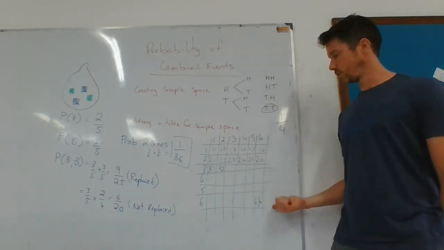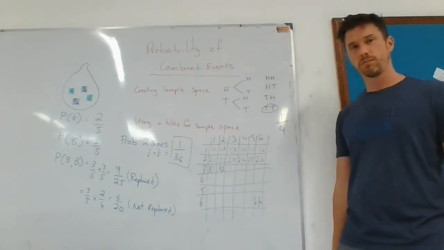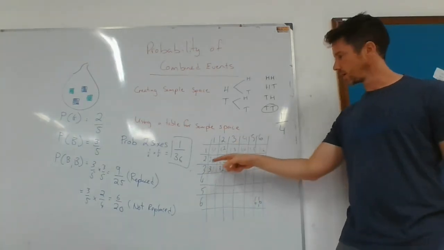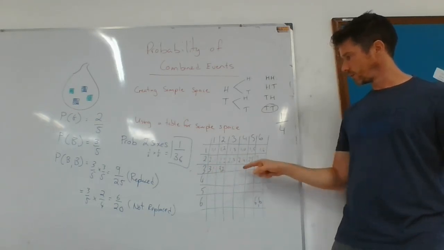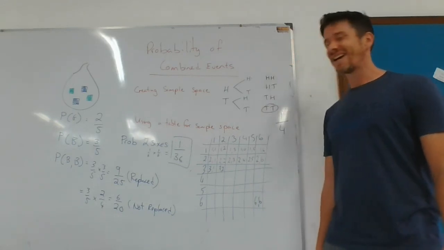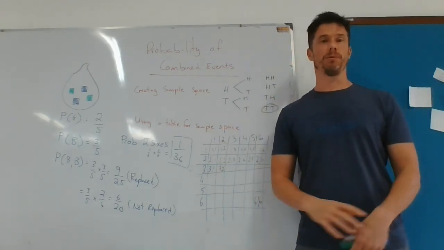So make sure you have that done and finished. Copy this out and fill in the rest of these numbers. So the next one here would be 3 and 3. The next one would be 3 on the first dice, 4 on the second. So 3, 4. Okay? And then a quick way of getting combined probabilities is to multiply the separate probabilities.